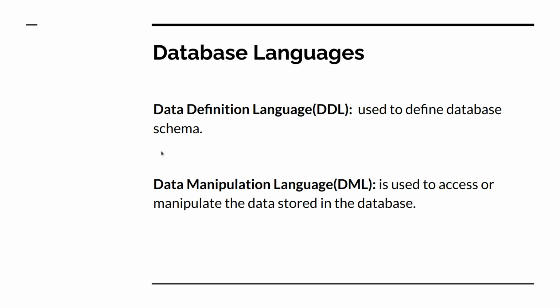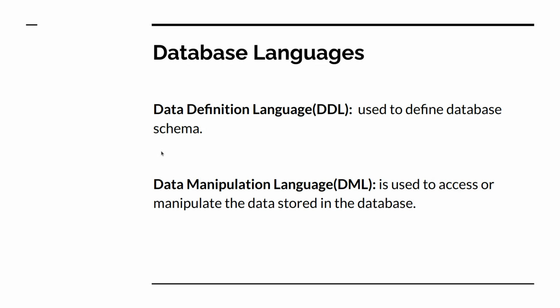It is also used to define referential integrity. Referential integrity means defining a relationship between two tables using a foreign key, and we will discuss referential integrity and foreign keys later in the series. It is also used to define database constraints for attributes, like unique key constraint, not null constraint, and so on.